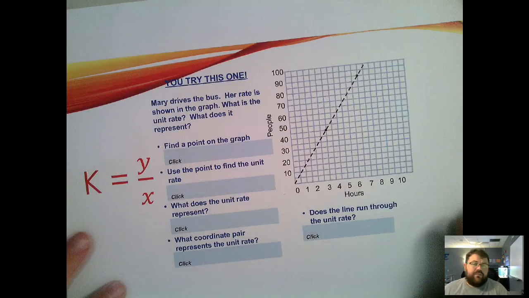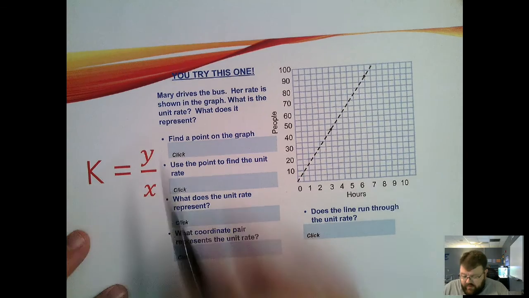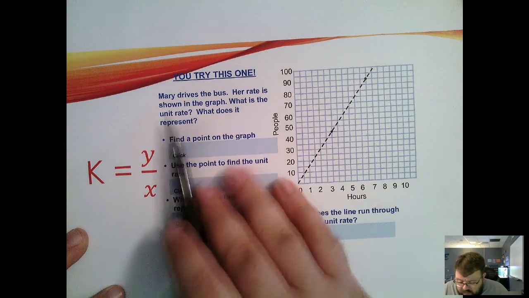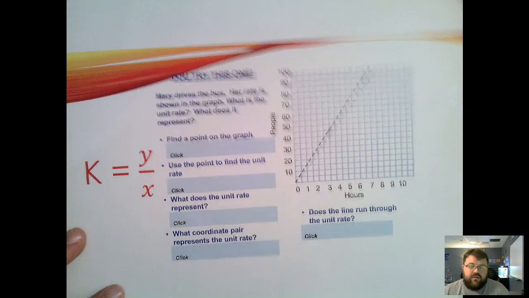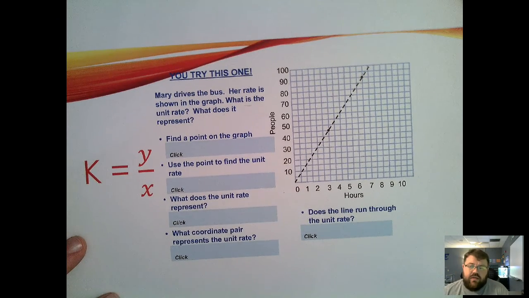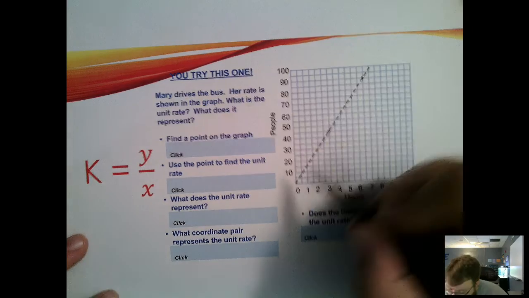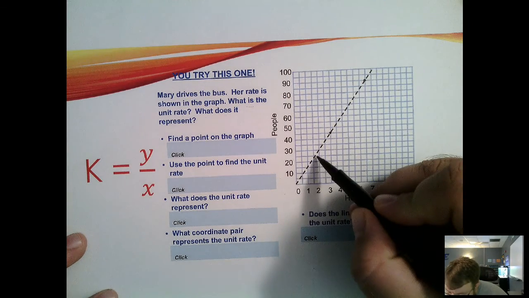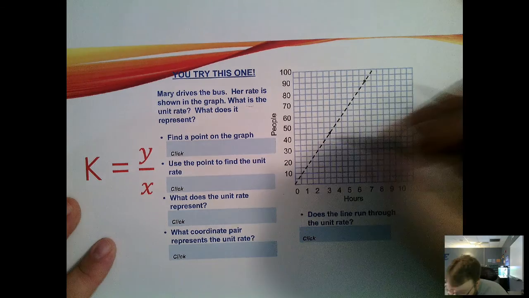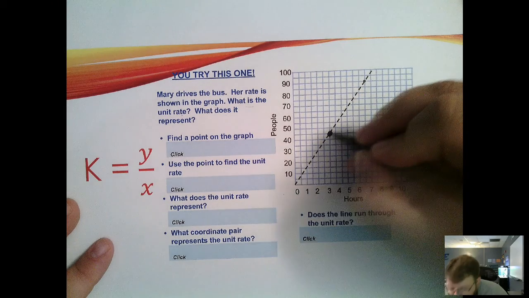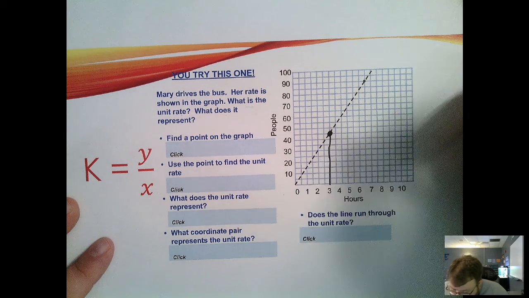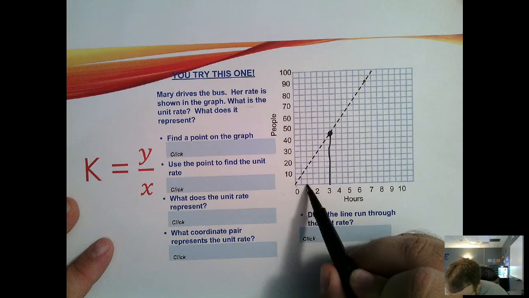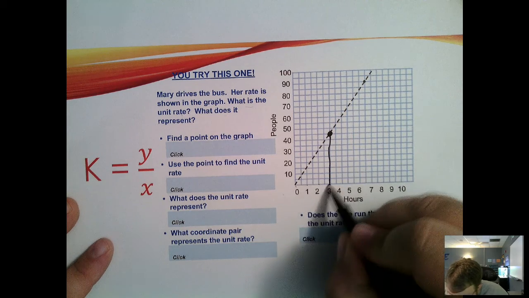Okay, last one. Mary drives the bus. Her rate is shown in the graph. What is the unit rate? What does it represent? So the first thing I'm going to do is find a point on our graph. All right, I'm going to choose this point here. Okay, and I'm going to go down, and I see that it's 1, 2, 3.